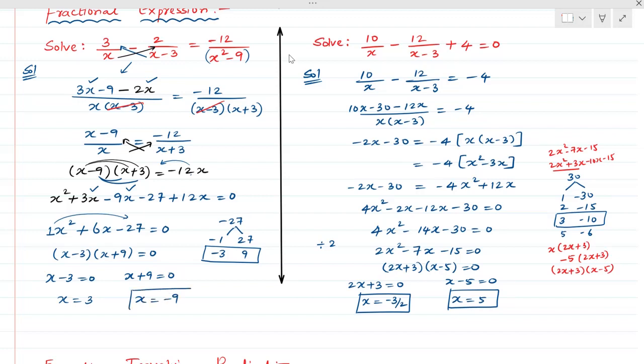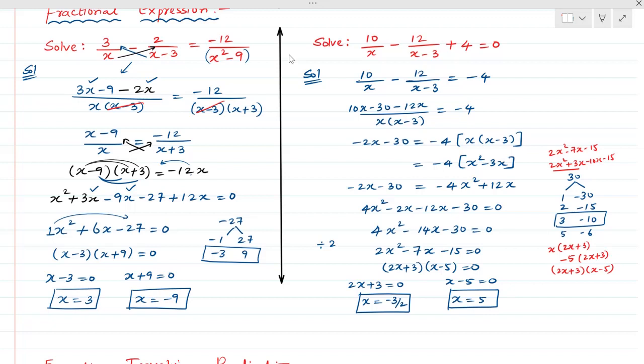So these are the two solutions you will get. But we have to check whether they are in the domain or not. When you see the equation, what is the domain of the equation? It will not take these two values.